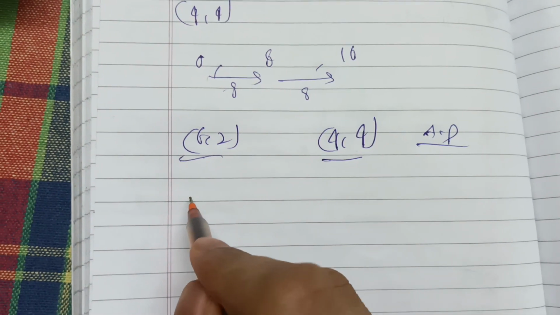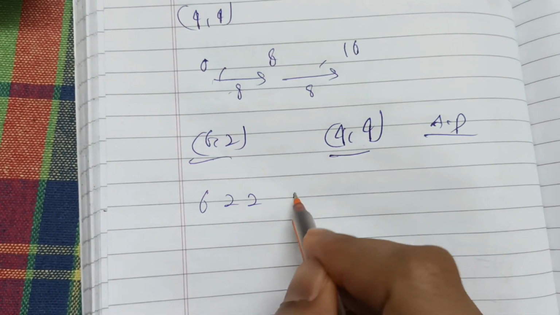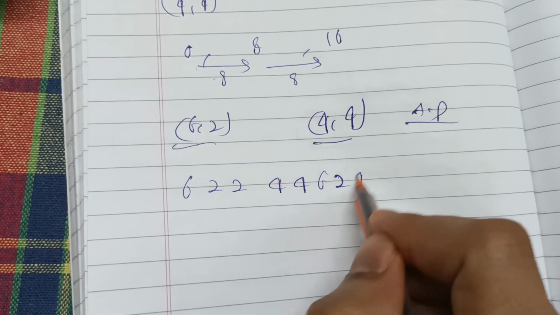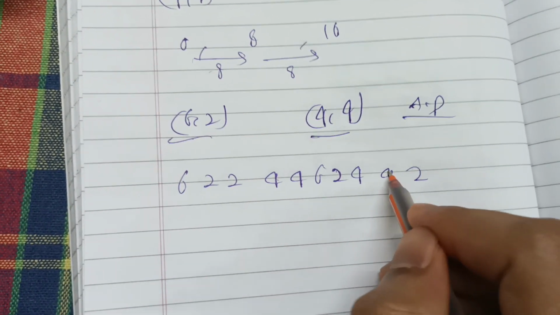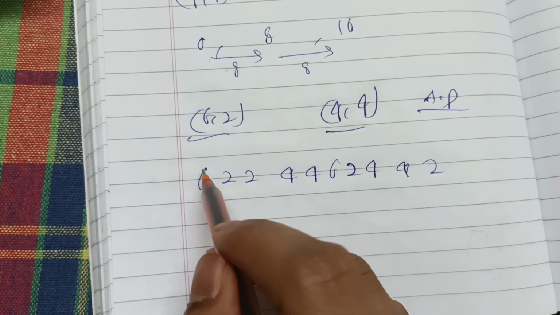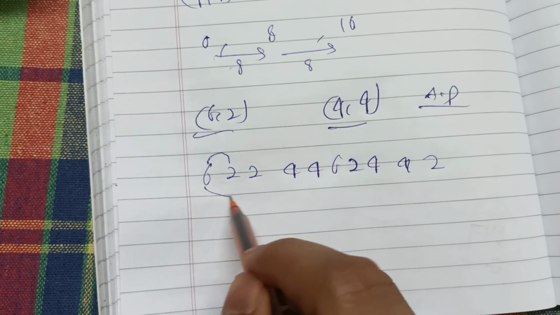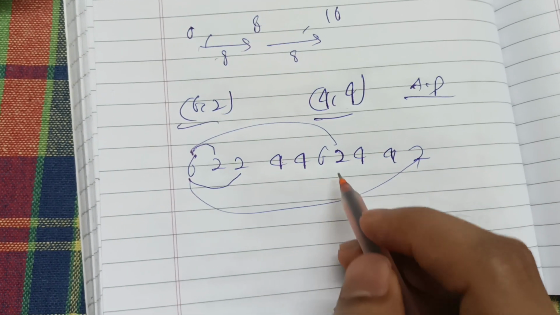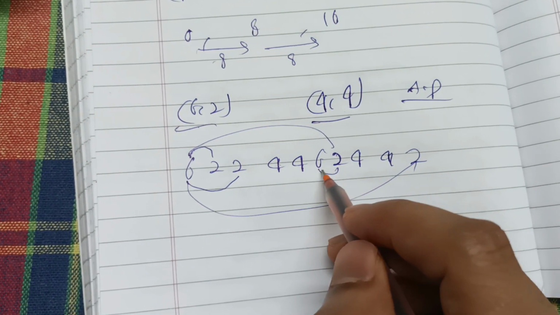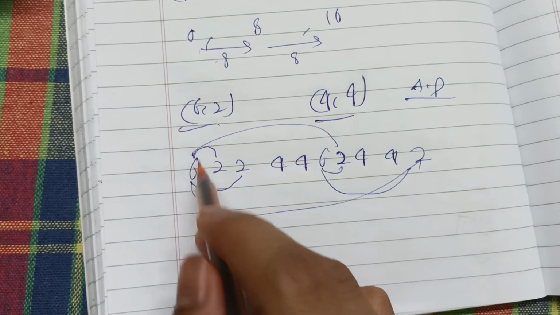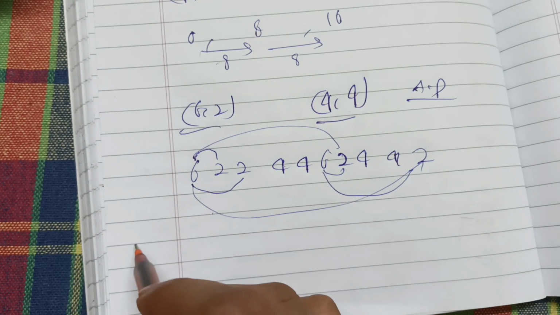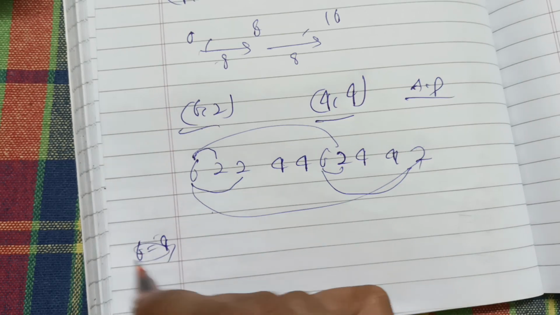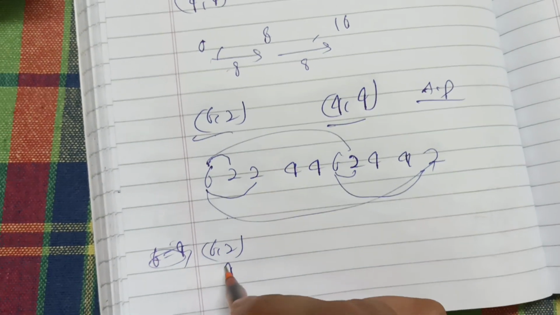So if the array gives 6, 2, 2, 4, 4, 2, then this 6 can pair with each 2. 6 and 2 give 4 pairs.